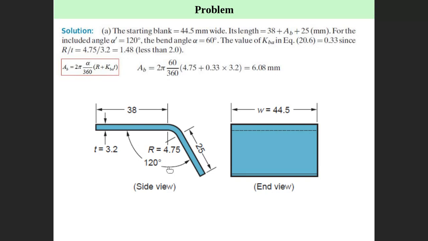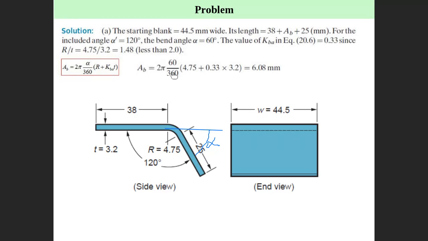Alpha here is not 120; alpha is here. Alpha is 180 minus 120, which gives 60.